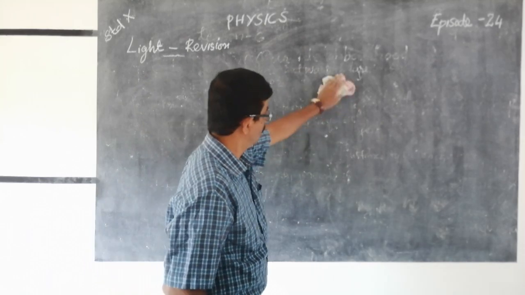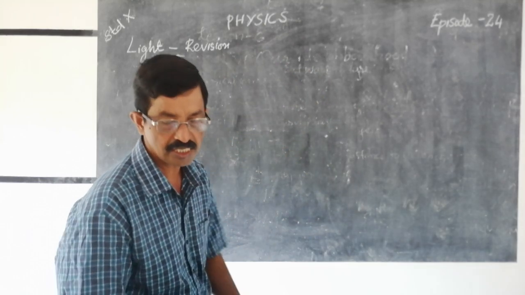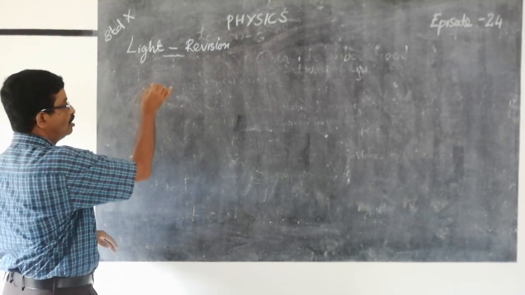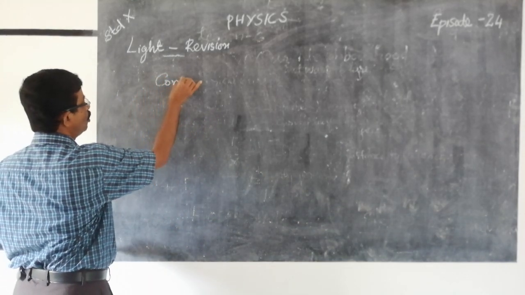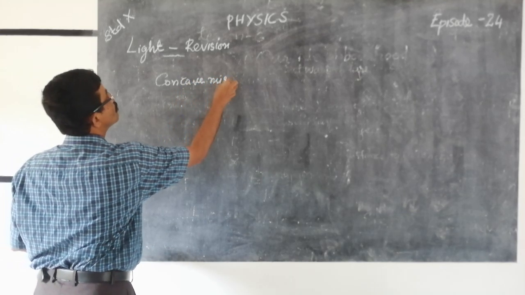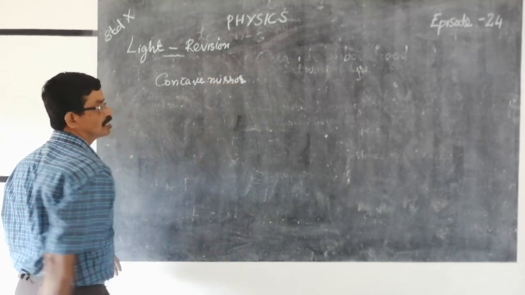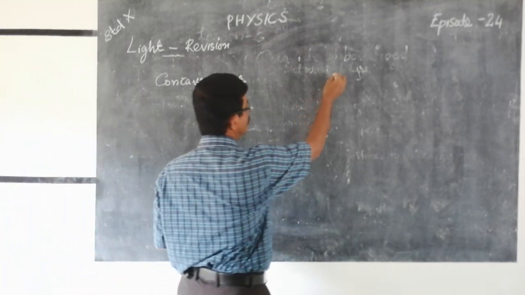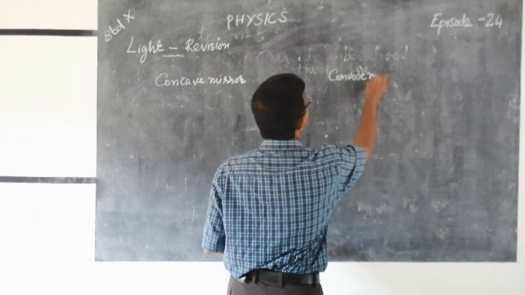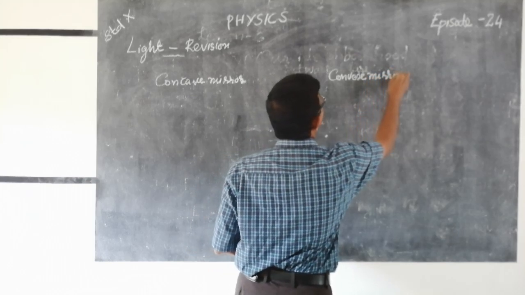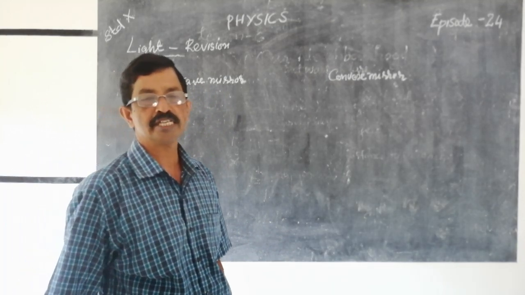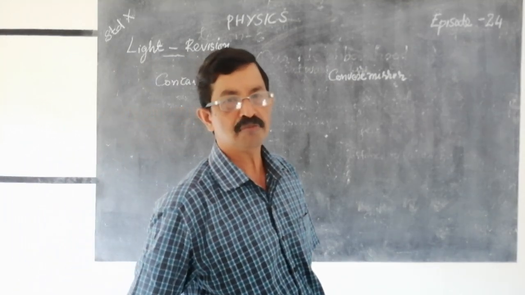One is the concave mirror, and another one is the convex mirror. These are the two types of spherical mirrors.